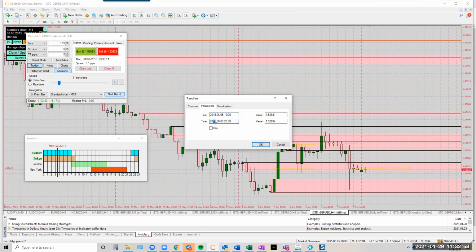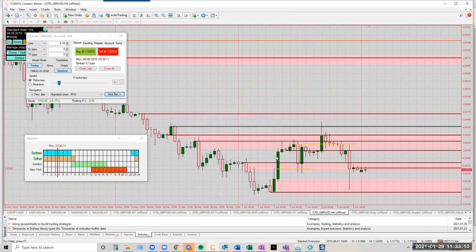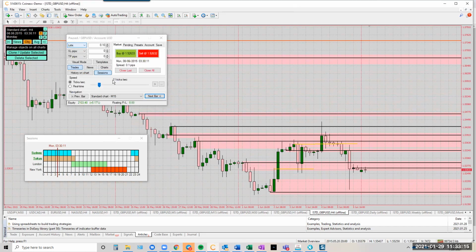Let's just see this really quick. Let's do the clean. I just want to see if that's it. It sure the heck is. It's not bouncing off that zone. So let's do this. I'm going to get rid of this zone. Get rid of that zone.